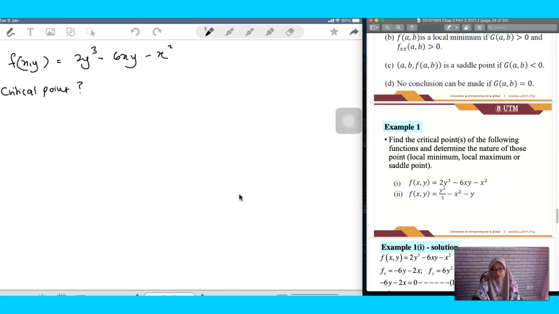Your critical point can be one, two, or more than two. You can have more than one point. So you have to differentiate and find fx, which is negative 6y minus 2x equal to 0, and fy, which is 6y squared minus 6x equal to 0.